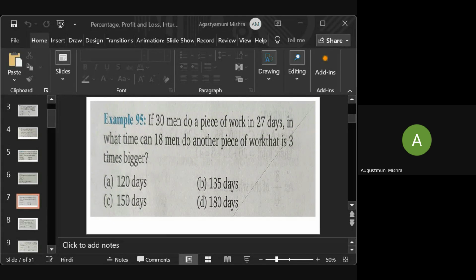Two responses we have, that is E and D. Most of the participants who gave responses are saying B, that is 135. I'm waiting for a few more.